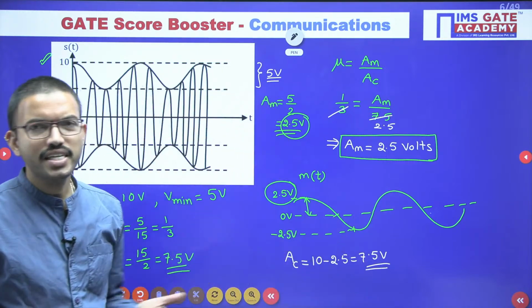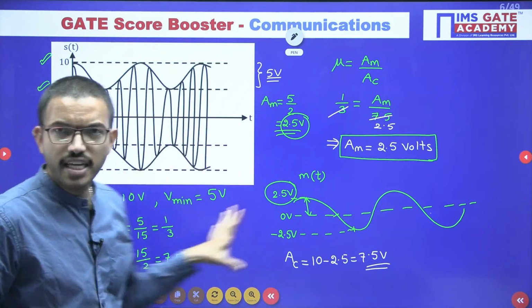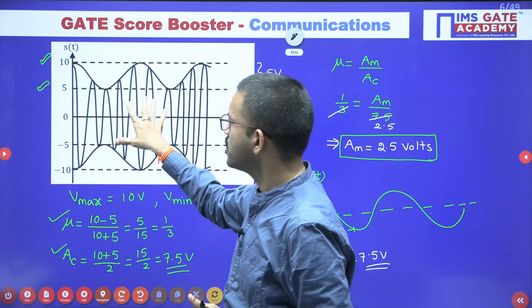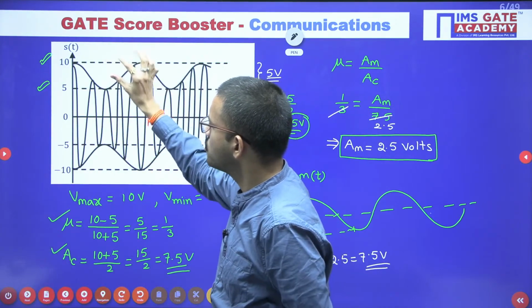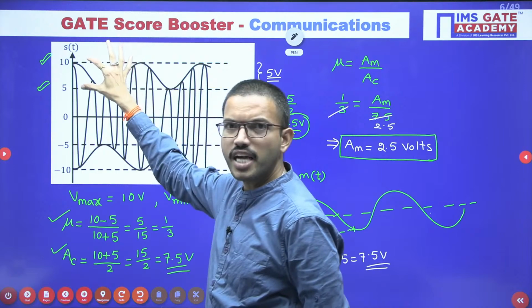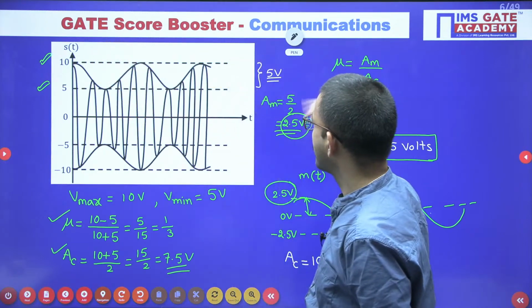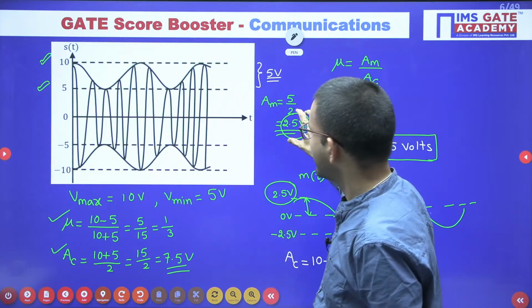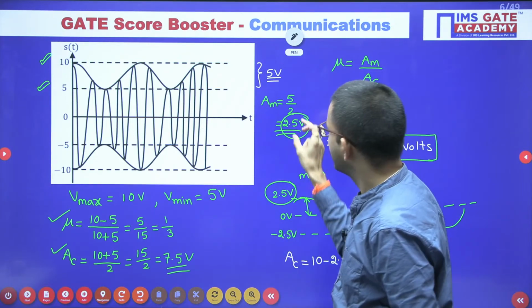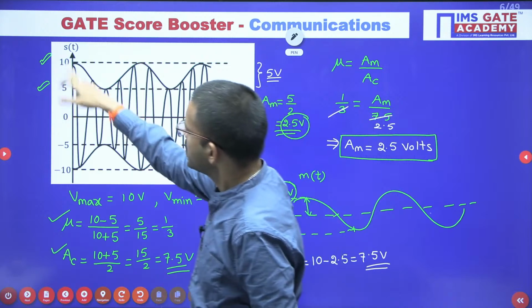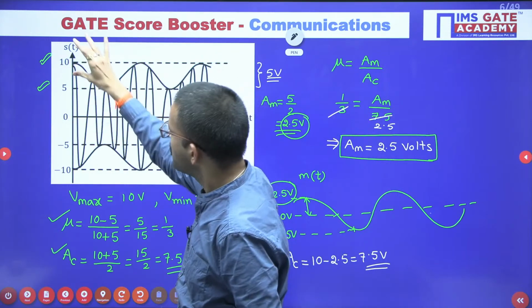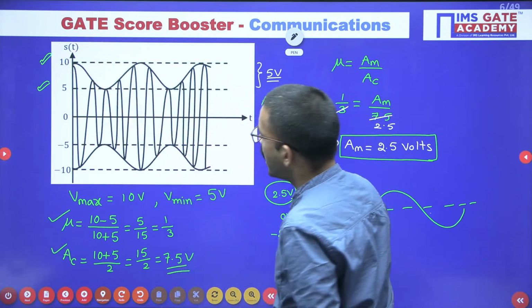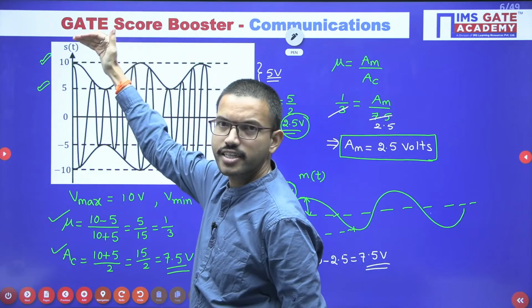In this way we can easily calculate without using any formula, just by observing the waveform. First, you get the modulating signal peak to peak amplitude. Make half of that, and from there you get the peak amplitude of the message signal. Then, observing the overall modulated signal peak value, see how much it got shifted.